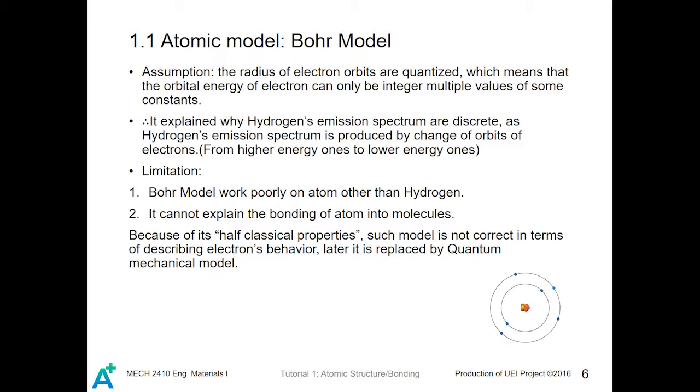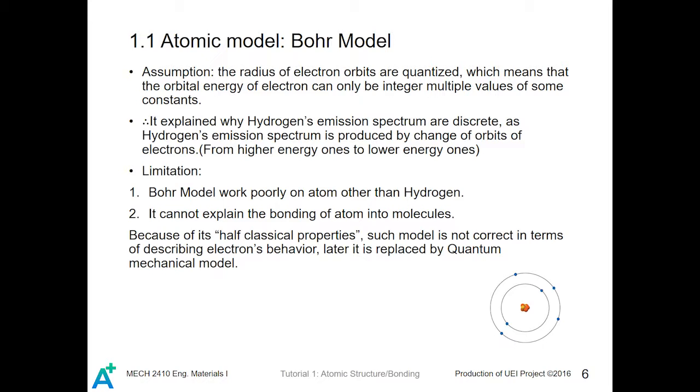And because the photon released is related to the change in orbital energy of electrons, and because the orbital energy of electrons can only take several values, that means the energy values for these photons can also only take several discrete values, and that explains why hydrogen's emission spectrum is discrete.